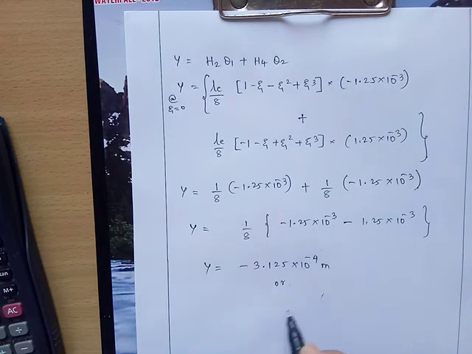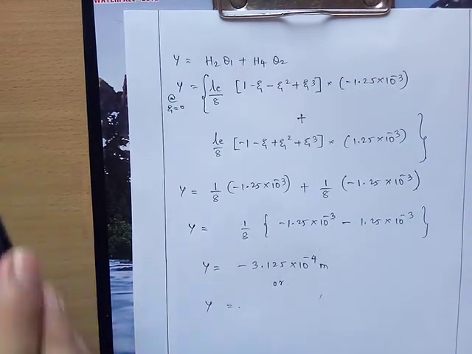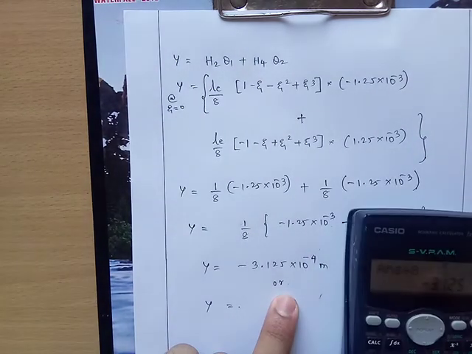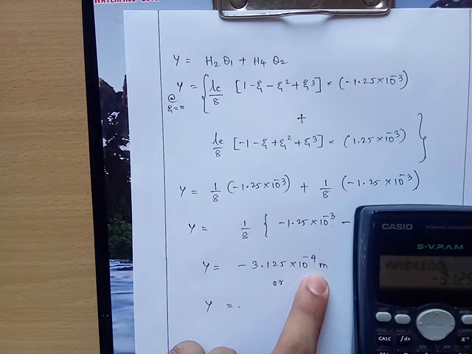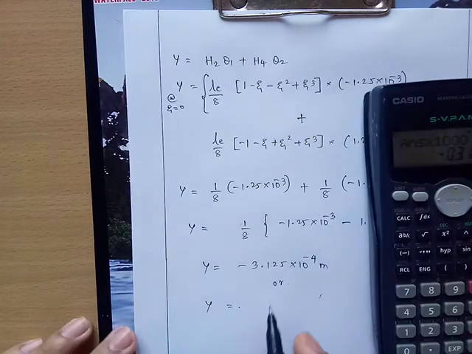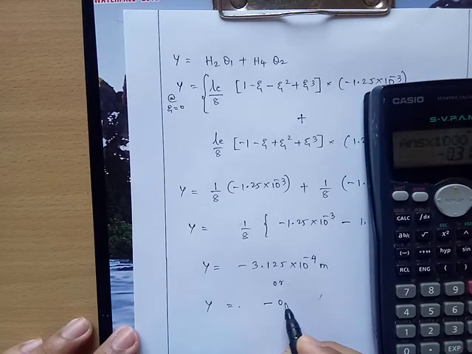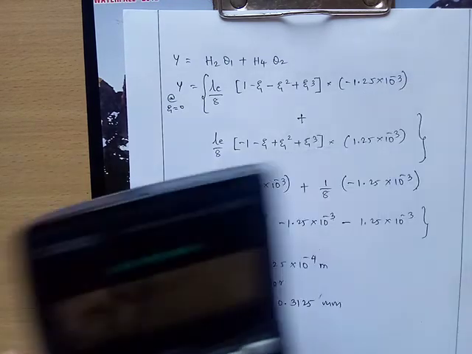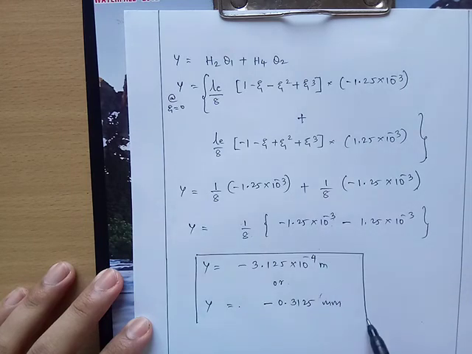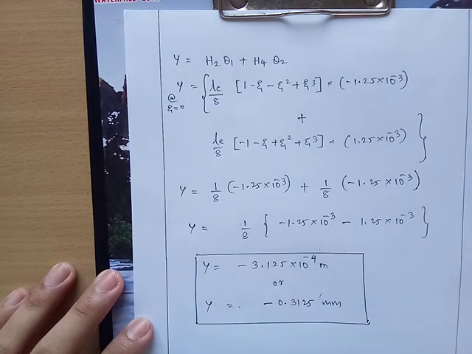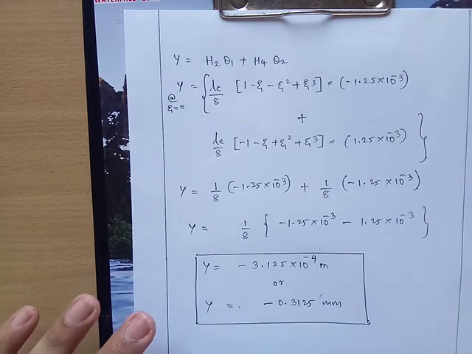or y is equal to, if you want to express this in mm, so this is in meter, 1 meter is 1000 mm, so multiply it by 1000, so I will be getting the value as minus 0.3125 mm, right? So this is the value of the maximum deflection for this particular case.